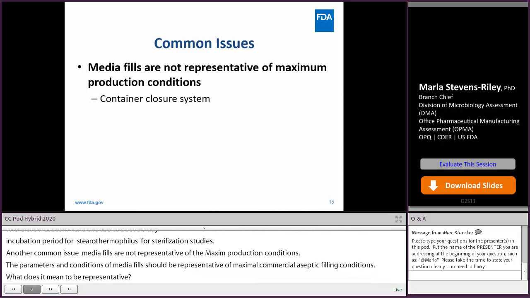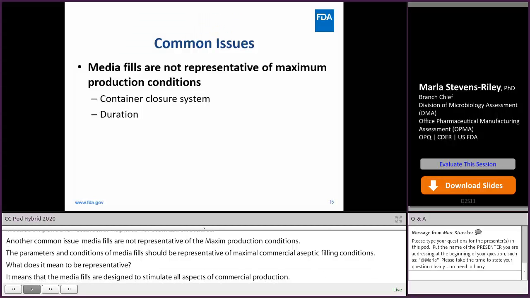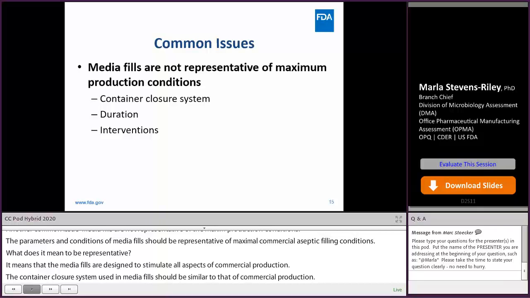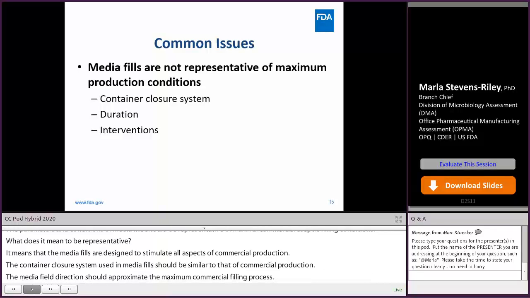The container closure system used in media fills should be similar to that of commercial production. The media fill durations should approximate the maximum commercial filling process. Routine and non-routine interventions that are performed during commercial production should also be simulated during the media fill.